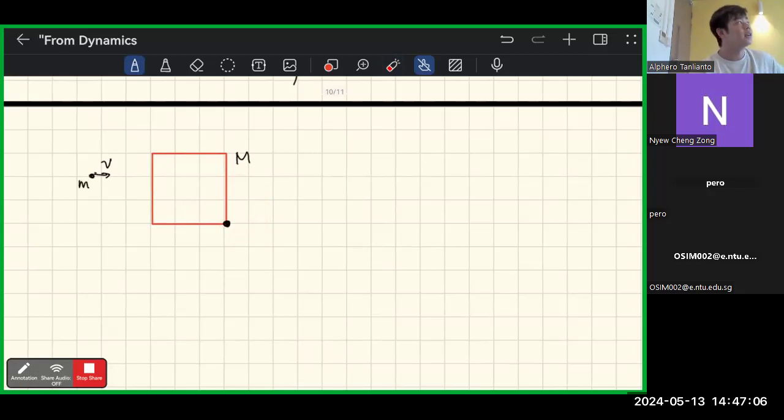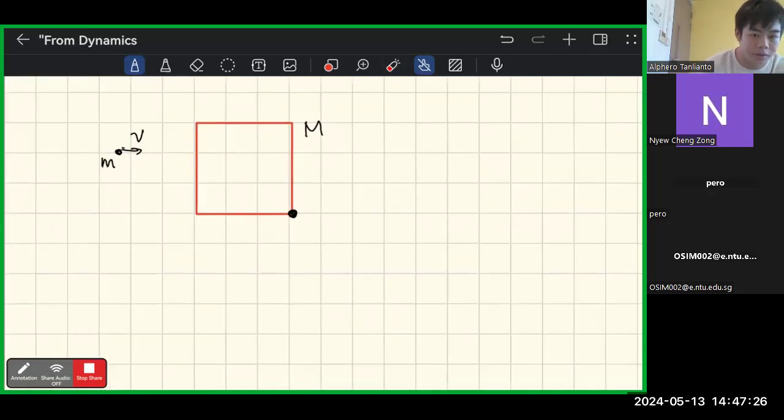Let's just not mind those assumptions, because they are just to reduce the math. But I think it's okay if we have a lot of math anyway.